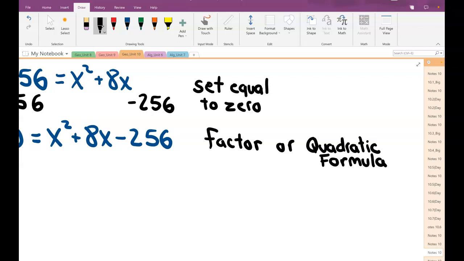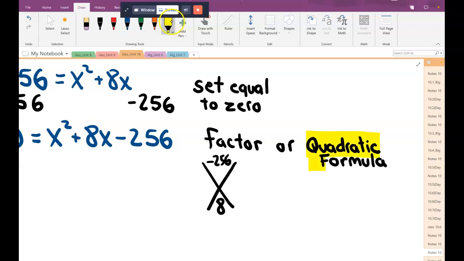Factoring is a quicker way where you would try to find two numbers that multiply to negative 256 but add to 8. So setting up your factoring steps, you would set up your magic X. And then you try to fill in your two numbers on the side, which in this case you cannot. This is a quadratic that is unfactorable. So you have to use your second option, which is the quadratic formula.